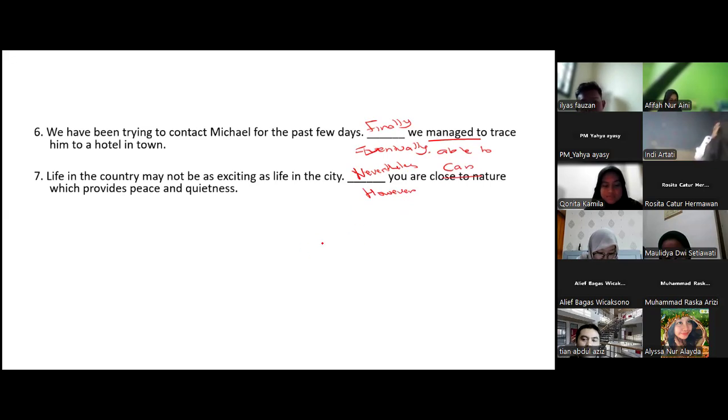There are two different situations here. The first situation is that life in the country may not be as exciting as life in the city. The second situation is that life in the country provides peace and quiet.